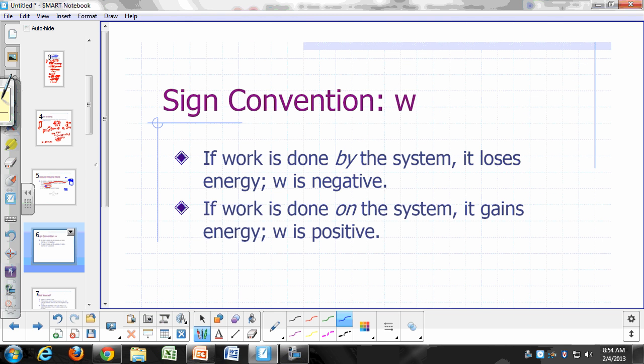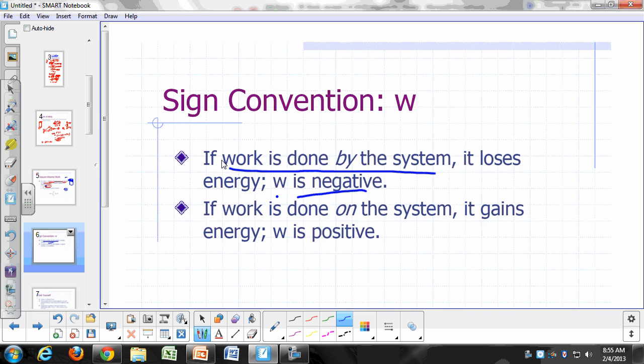Okay? So if the system is doing work, we assign a negative value. Here's the convention. If work is done by the system, it loses energy. So we assign a negative value for W. Okay? Work itself, the magnitude, is just the absolute value. But whether you assign a positive or negative value for it, it's just a matter of convention and not a matter of agreement.